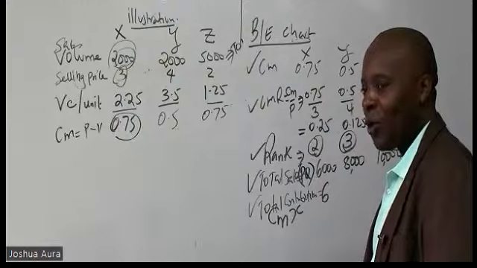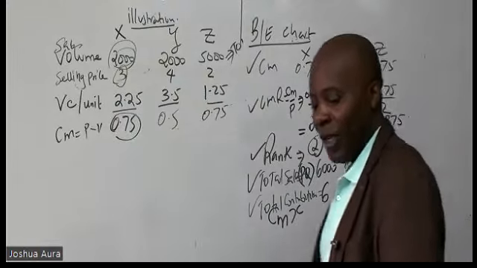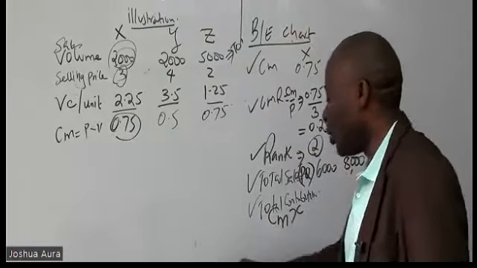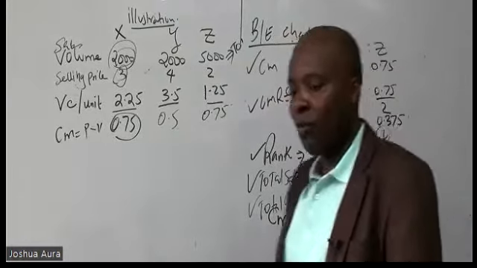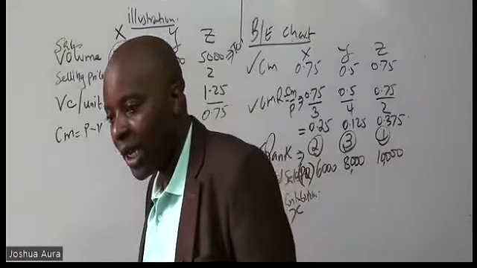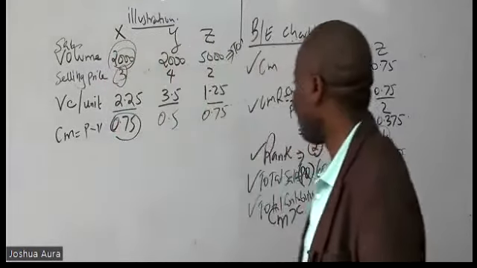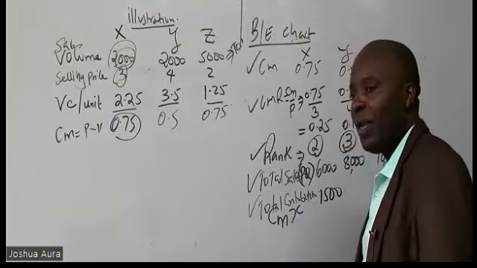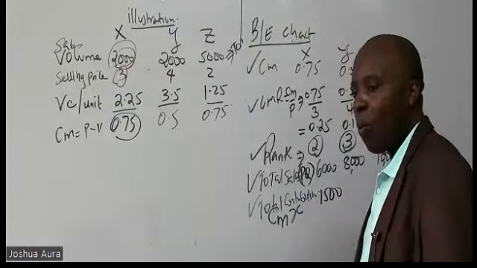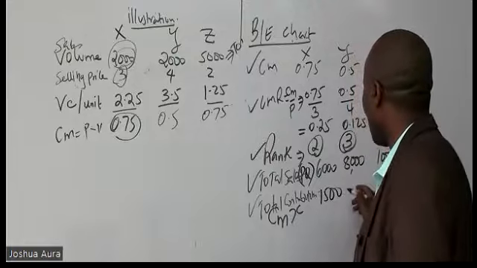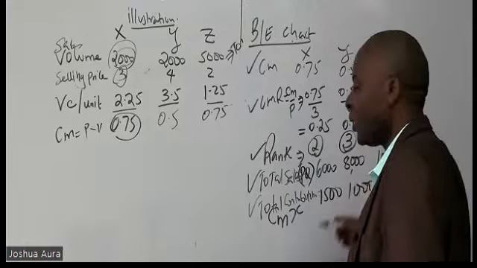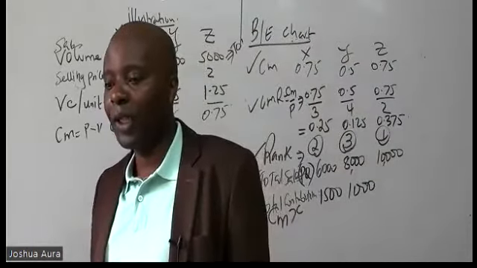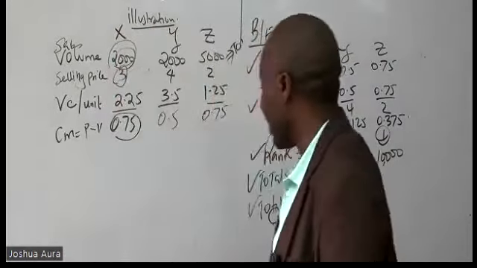Those were figures for sales. For total contribution, what do I have? I can see 1,500, thank you very much. And then the second one will be 1,000, I'm told. And the last one is 3,750.